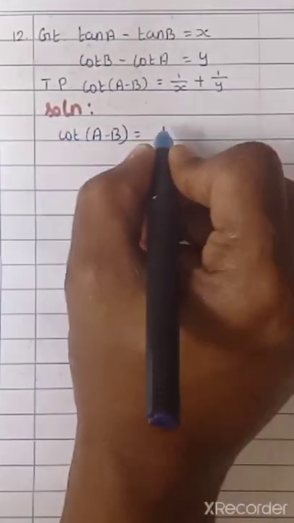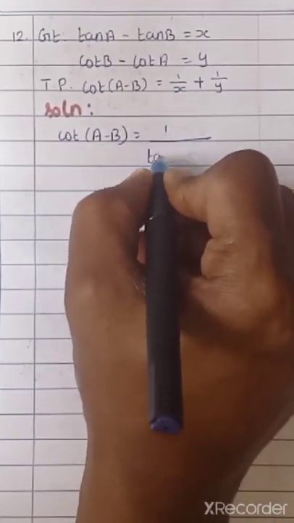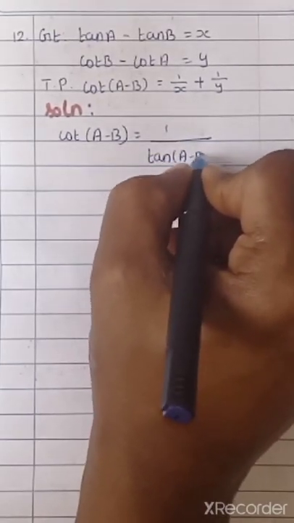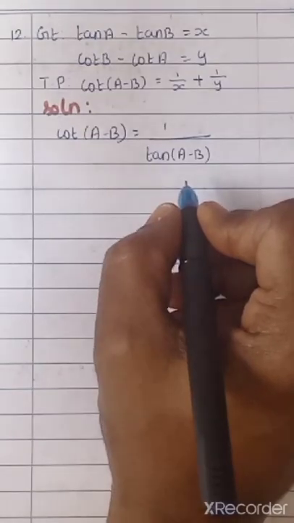Now we can take cot(A-B). How can we write it? 1 by tan(A-B), since cot A equals 1 by tan A. That formula we are using here.